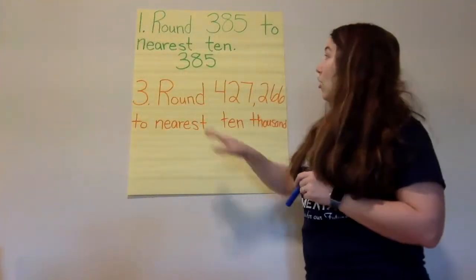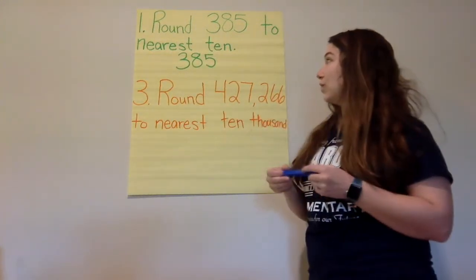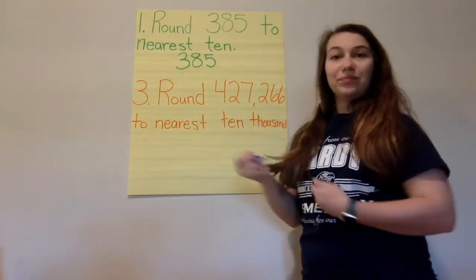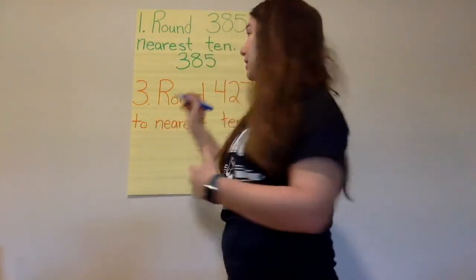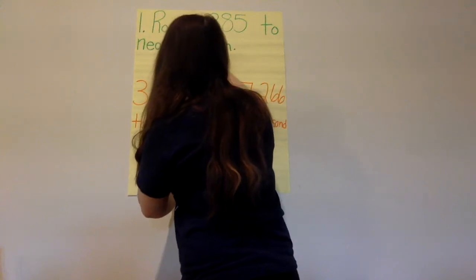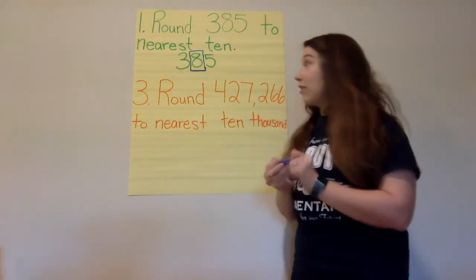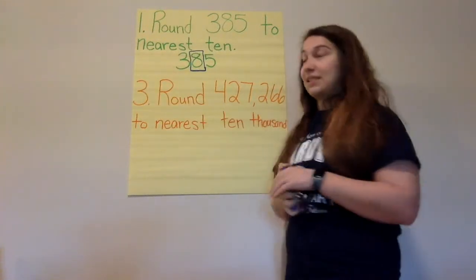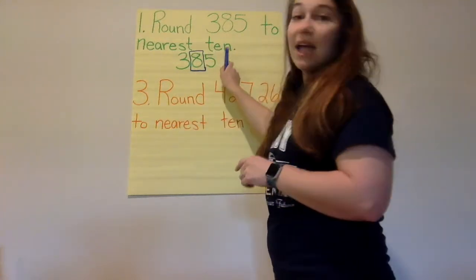All right, so which of these numbers is in our tens place? Which one, the 3, the 8, or the 5? The 8, very good. So I'm going to go ahead and box that 8. I'm just going to put a box around it. So we know that this is the number that is either going to go up or stay the same, the number that we are rounding, because it is in the 10 spot, okay?